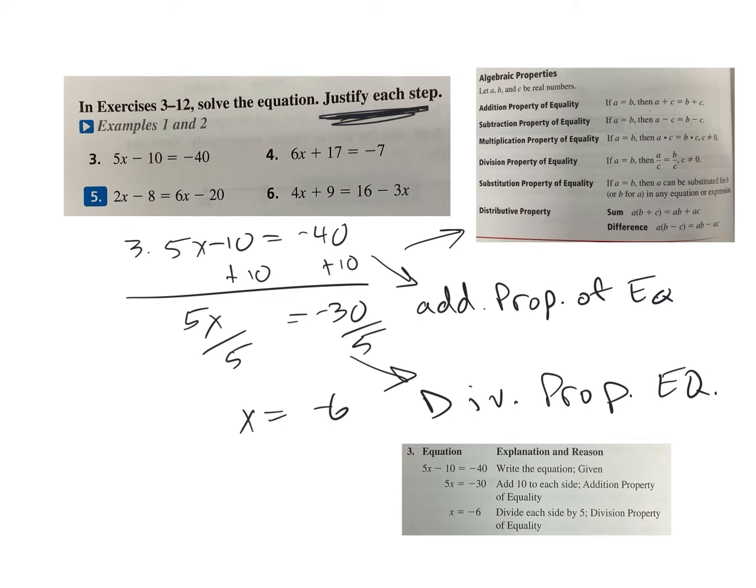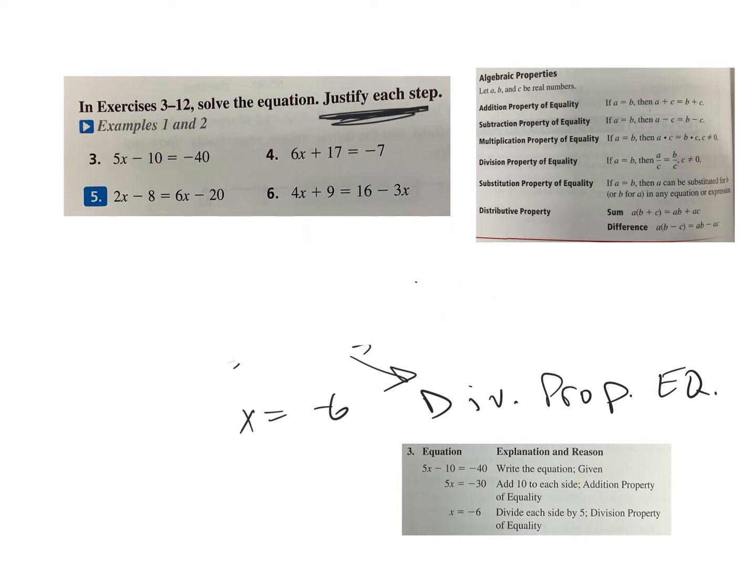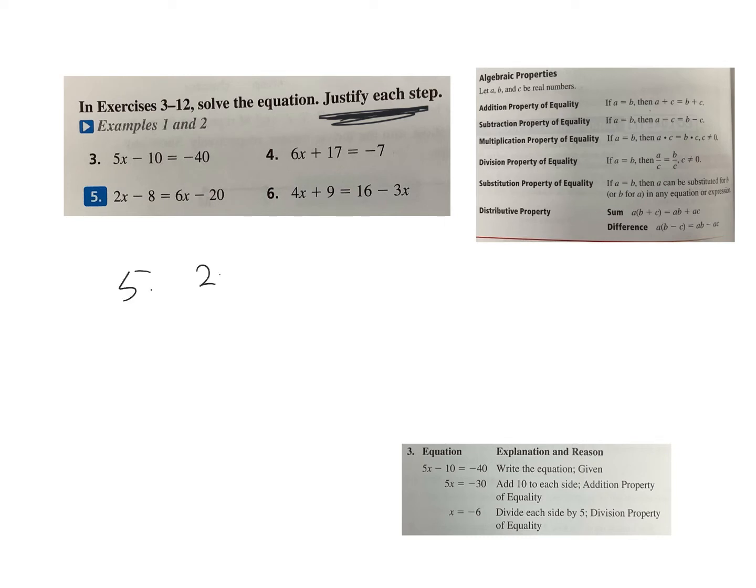Okay, so now we need to do number 5. So let's just remove a lot of this stuff here. Okay, number 5: 2x minus 8 equals 6x minus 20.